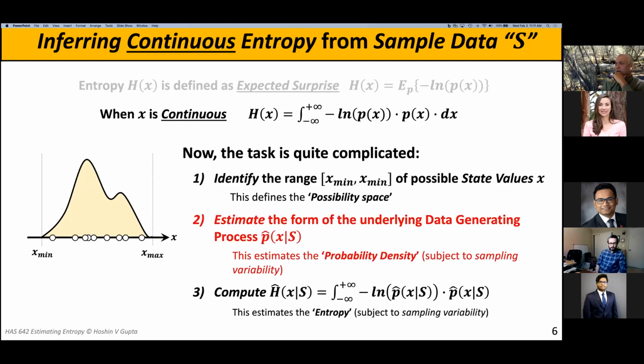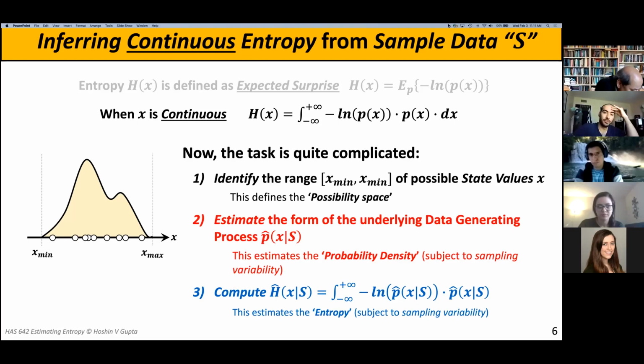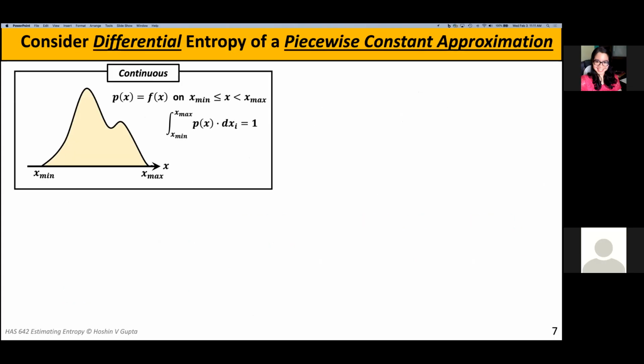So estimating the form of the data generating process from samples is the major challenge here. And then the method we use to calculate entropy once we've estimated that form. Okay, these are the two questions we've got to deal with. Actually, we've got to deal with all three because we've got to identify the range too. And that becomes important, as you'll see in a minute.